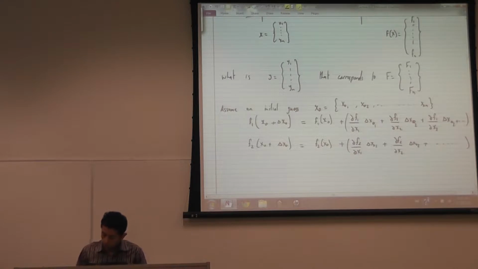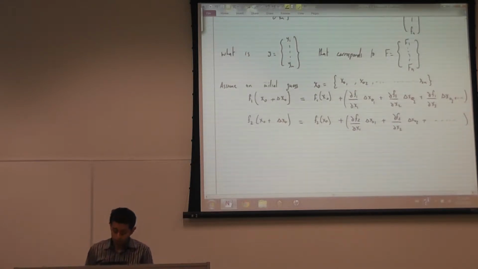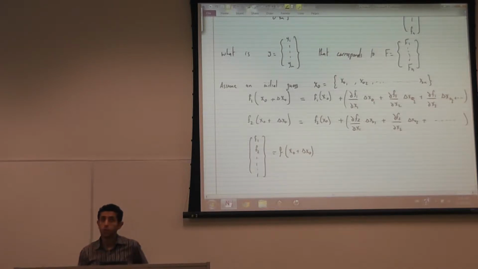And so what you get is that the vector f, which is equal to f1, f2, and so on, is equal to the vector f of x naught.